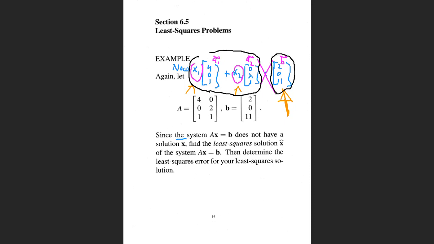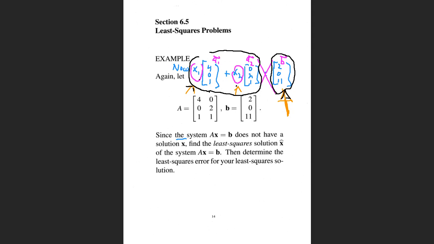But surely there must be values of x1 and x2 that would make the left side as close as possible to the right side. And Mikhail, a projection is involved.